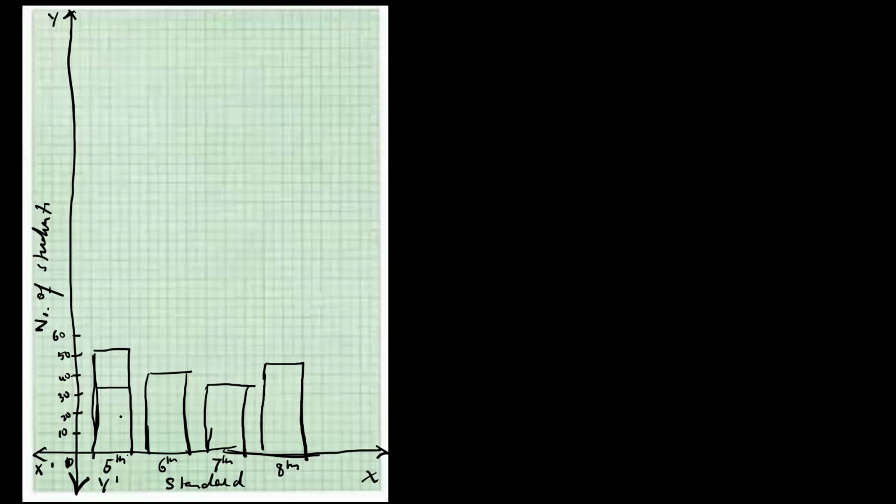So there are 34 boys here. So from 51, if I remove 34, this remainder is the girls. So this is 17 girls. 34 boys, 17 girls. And to show them different, I will just make a shading here, which will show the shaded part is girls and the non-shaded part is boys.